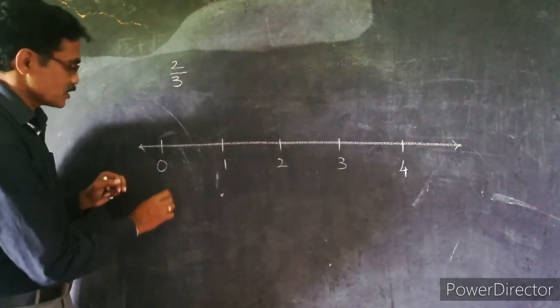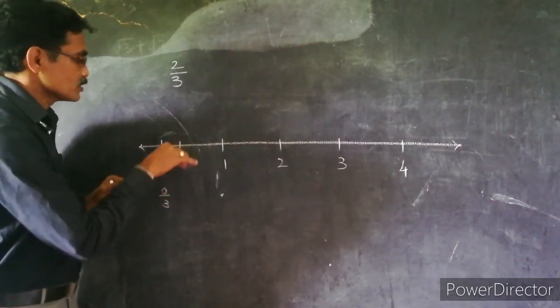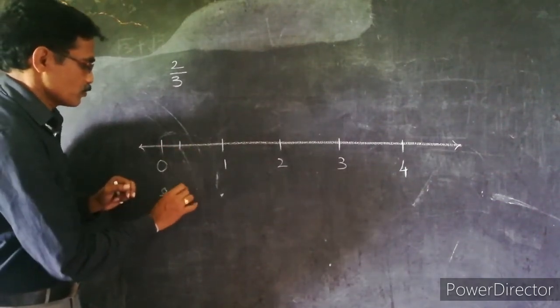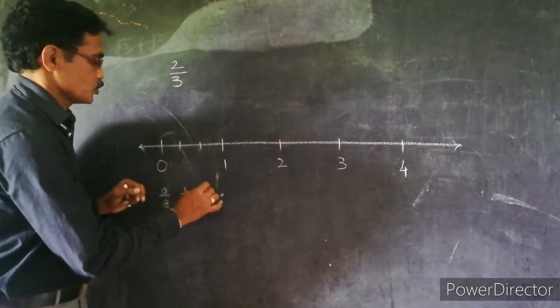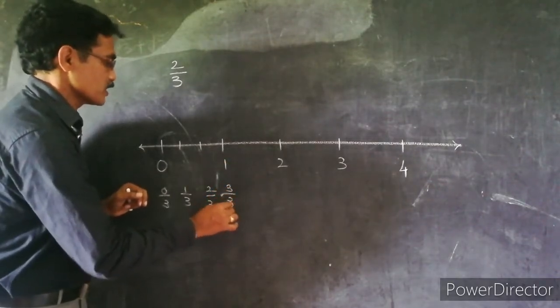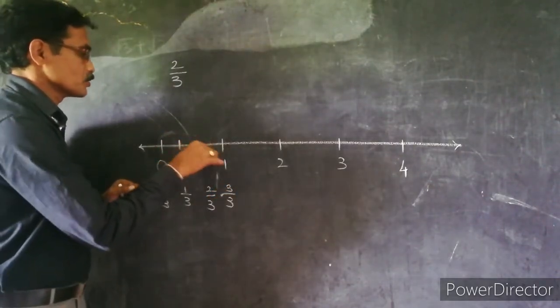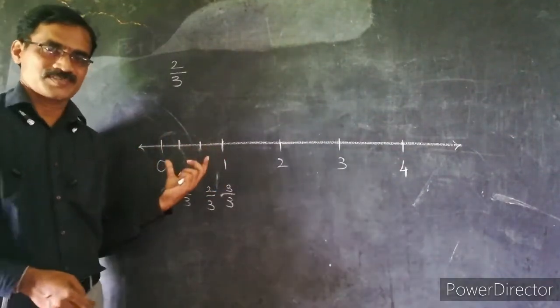So this is 0 by 3, this is 1 by 3, this is 2 by 3, and this is 3 by 3. You have to make 3 equal parts.